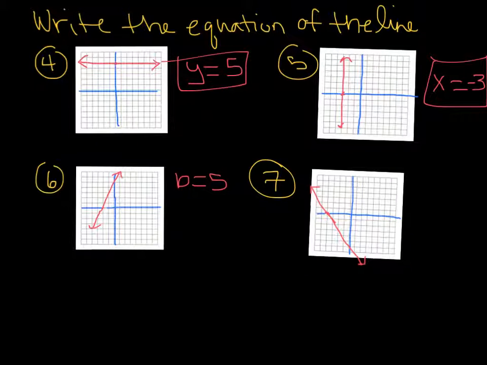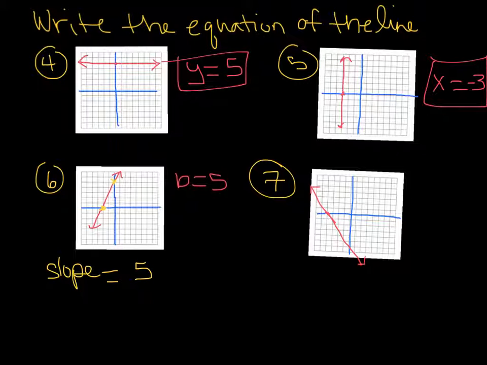So the first way to do it is to count up and over. Remember, slope is rise over run. In this case, let's say I start at this point here, this yellow point, and I end at this other point right here. In order to get from the first point to the second point, I have to go up, which is my rise, I have to go up 5.